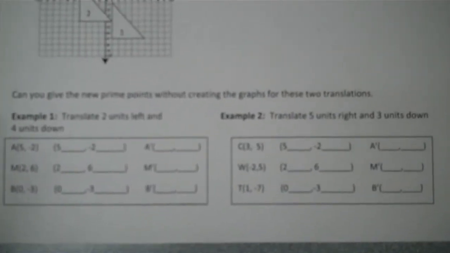Try to do it without drawing the shapes. All right, here's what you should have for number 1. Since you're moving 2 units left, you should be subtracting 2 from each one of the x values. And then if you're going to move 4 units down, you're going to subtract 4 from each of the y values. And the other one?